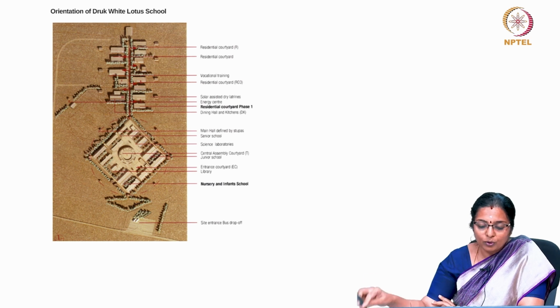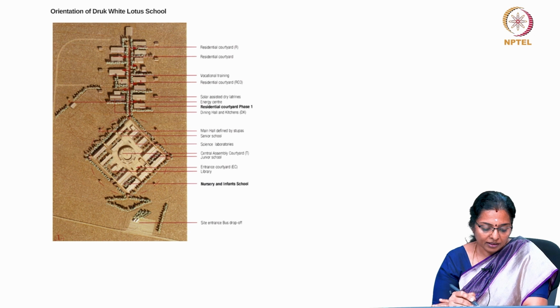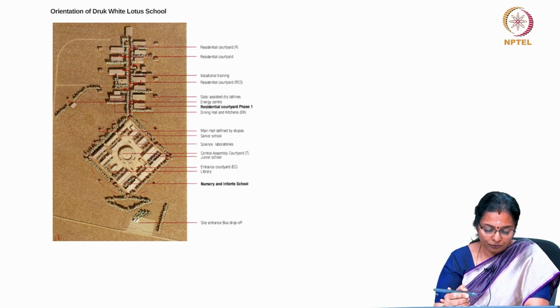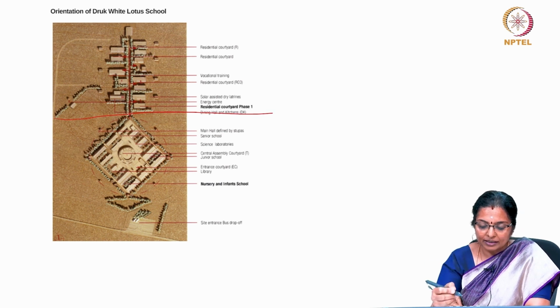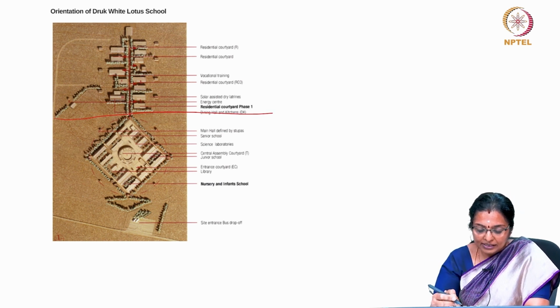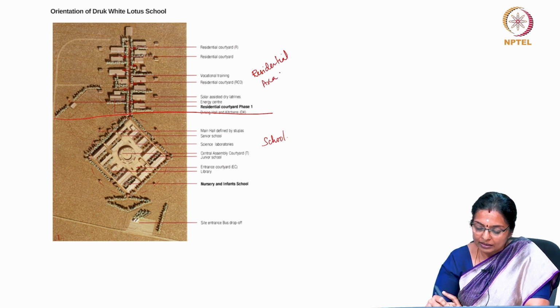So, if you look at the orientation, here you have two sets of buildings which are distinct. In this you have the school building here, and here you have the residential area of the school, and the classroom area.